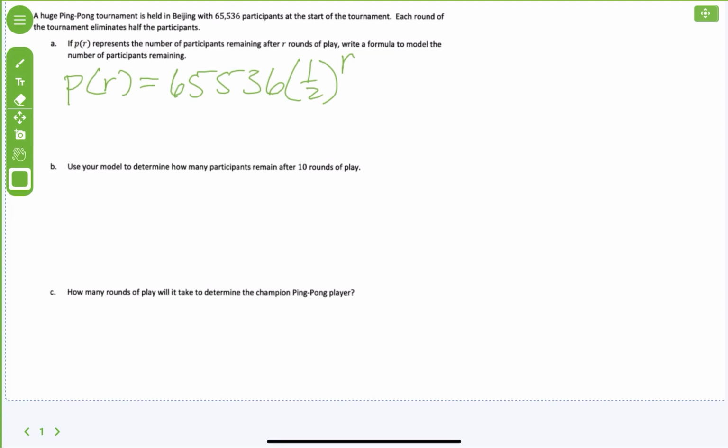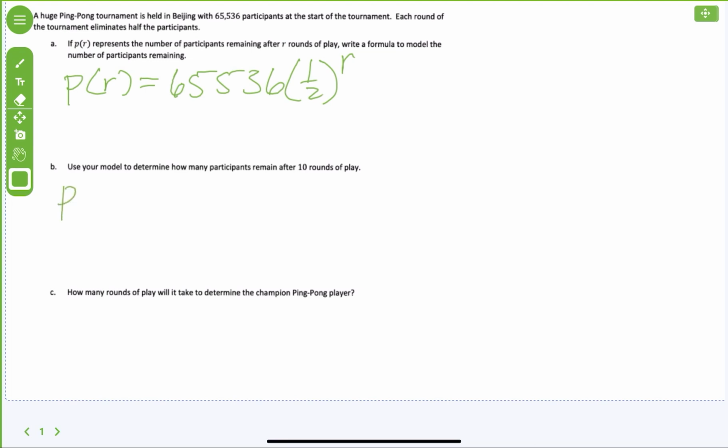After round 1, that's going to half. After round 2, that would be 1/4, right? You'd have 1/4 of the participants left after round 2.